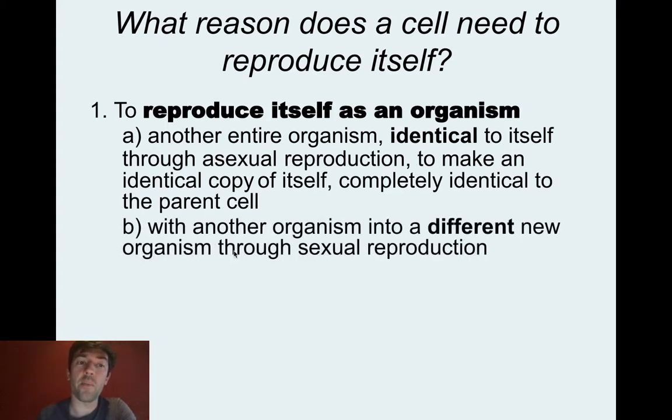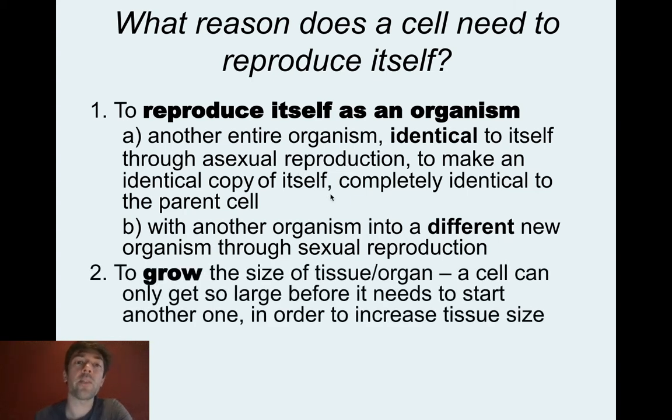And then another sub-reason of reason number one is that there are two different ways it can happen in terms of reproducing itself as an organism. The second way is with another organism into a non-identical new organism, and this is called sexual reproduction as opposed to asexual reproduction.